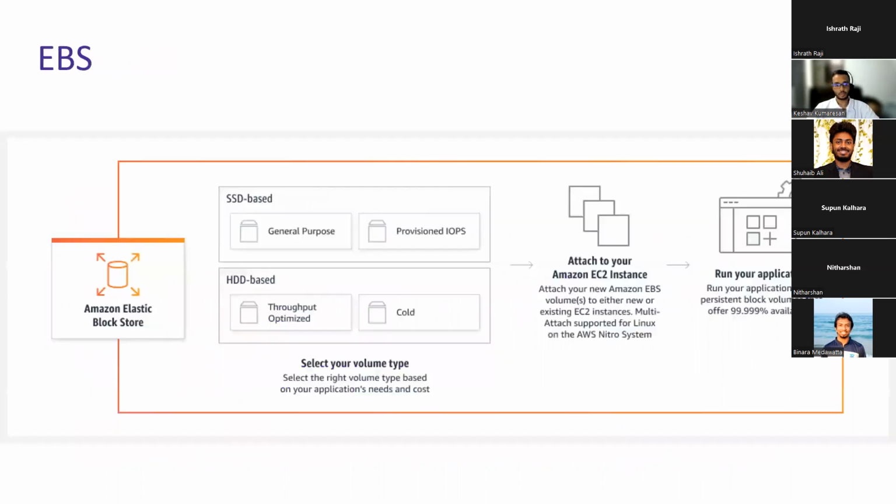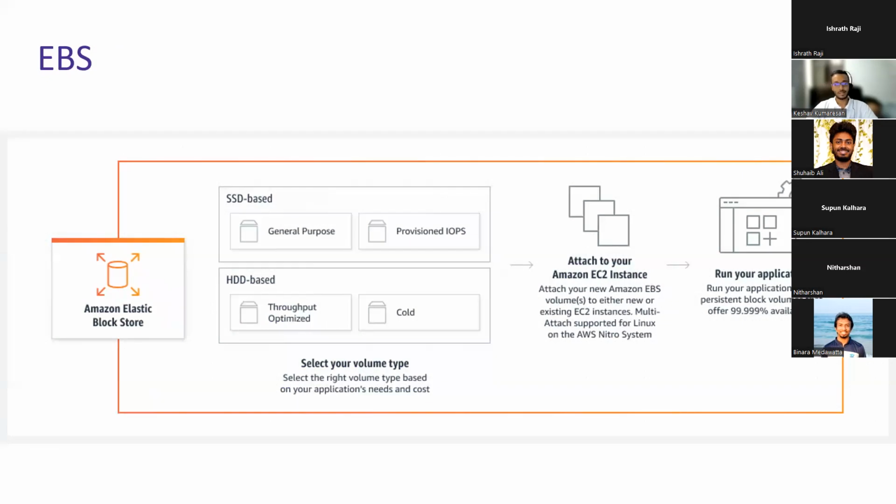So if you look at another summary here, EBS, as I told, can be SSD based or HDD based. Where you would choose them is based on your workload again. If you want really high disk optimized workloads, for example, if you're doing some high intensive machine learning algorithm or something, then you might go for an SSD based block store.